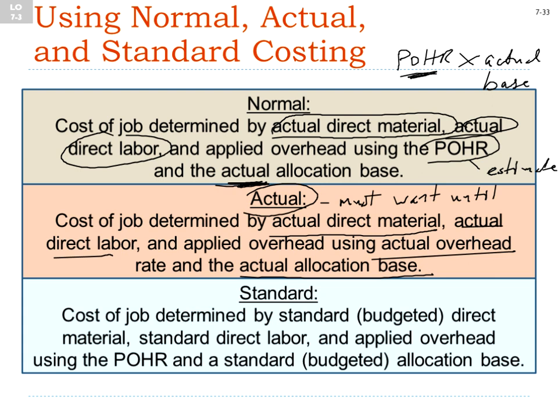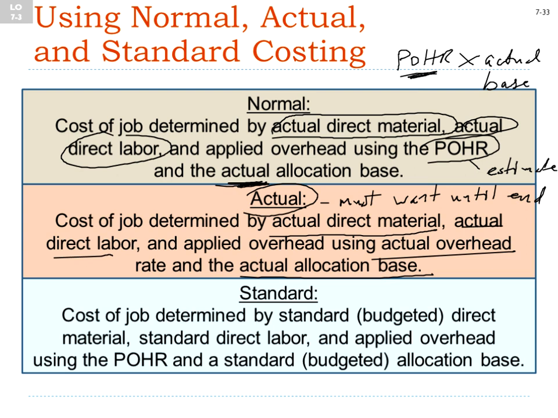So that's something to consider here. If you want quicker numbers, you're not going to use the actual method, actual costing. But if you want more accurate numbers, you don't want to have to deal with so much estimation, then you're going to use the actual method probably.